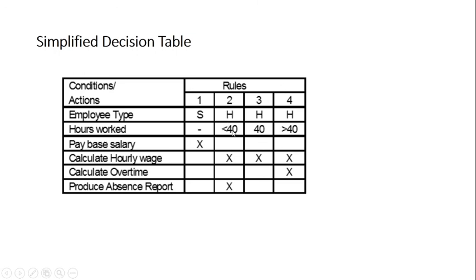Number of hours less than 40, equal to 40 and greater than 40. Less than 40 means calculate hourly wage and absentee report. Equal to 40 means hourly wages, and greater than 40 means calculate hourly wages as well as the overtime, right? So this is a simplified decision table. So hope this is clear now, right? It's a simple example. We have a lot of examples for this. This was the simplest one to explain the concept properly.